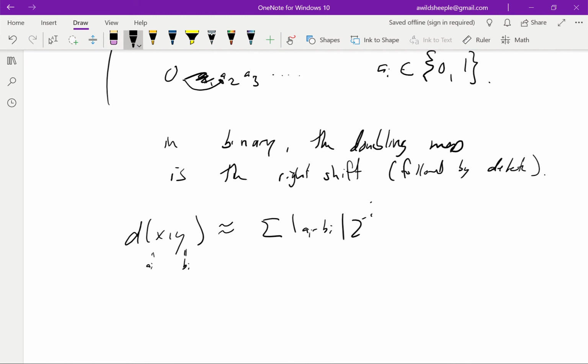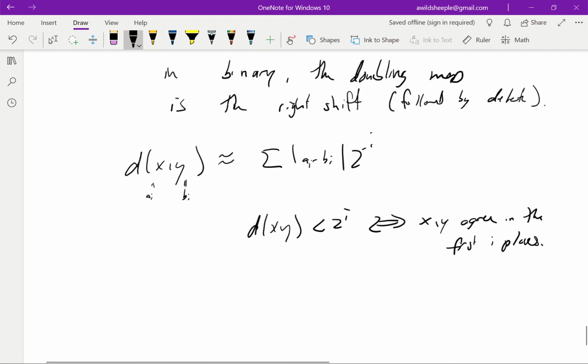Because geometrically, as I do this doubling, points end up getting their distances spread out. Let me say it this way: d(x,y) is less than 2 to the minus i if and only if x and y agree in the first i places.